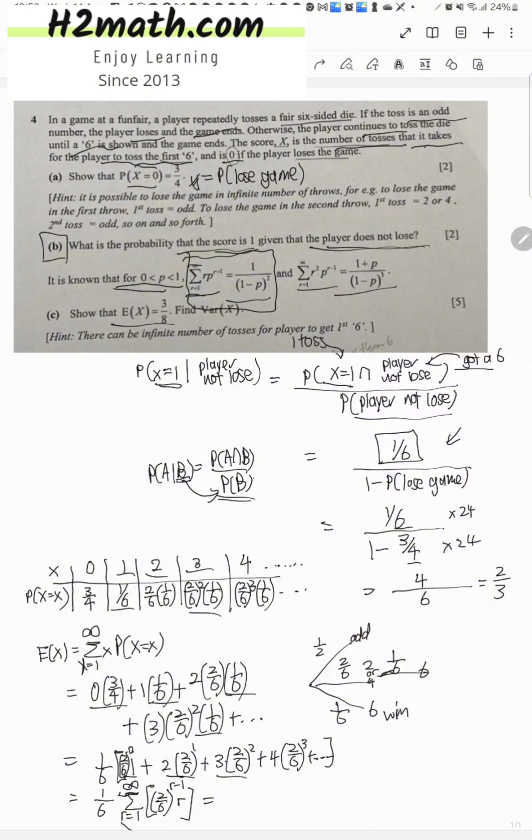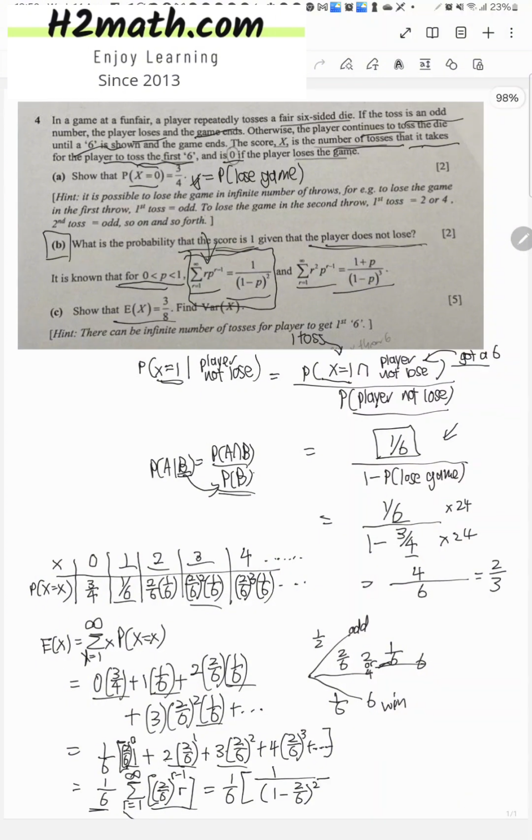So in other words, to use the formula given to us above, I just need to substitute p with 2 over 6. But there's a 1 over 6 in front, so I write 1 over 6 first. Then we multiply by 1 over 1 minus 2 over 6, because p is 2 over 6 in this case, and squared, and then you would get the expression here.